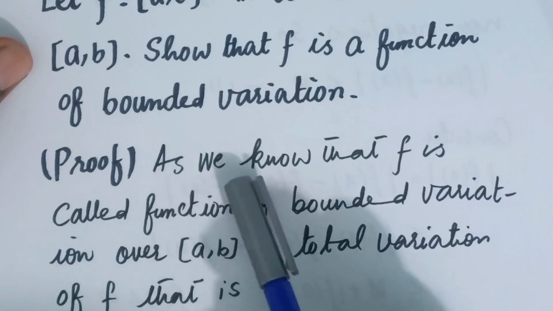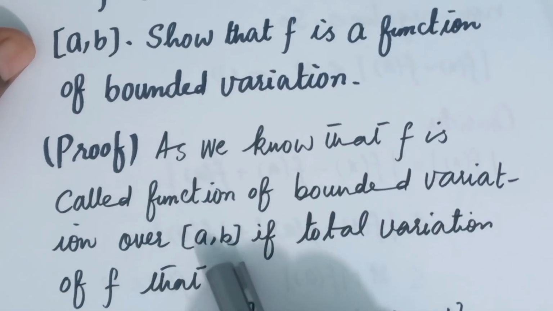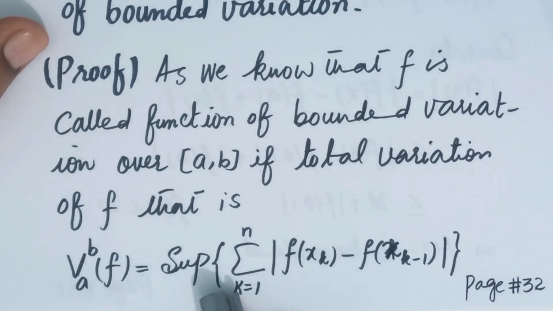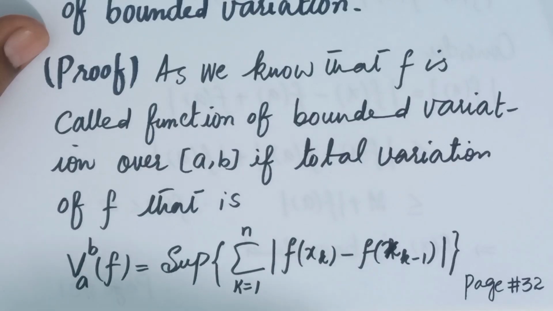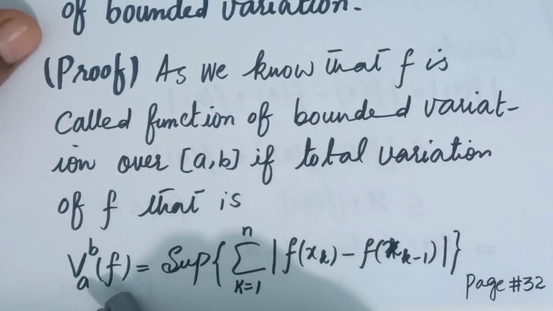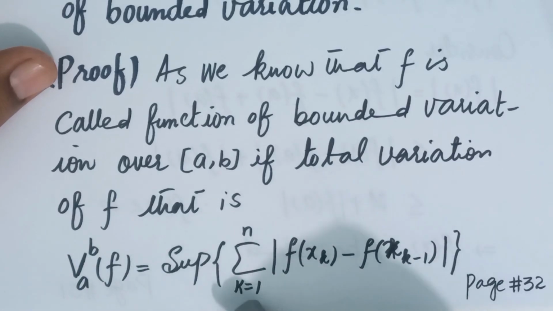As we know, f is called a function of bounded variation over the closed interval [a, b] if the total variation of f, this is the formula, this is the definition of total variation. The total variation of f over the closed interval [a, b], here I represent this as V_a^b(f), is the supremum of this sum.